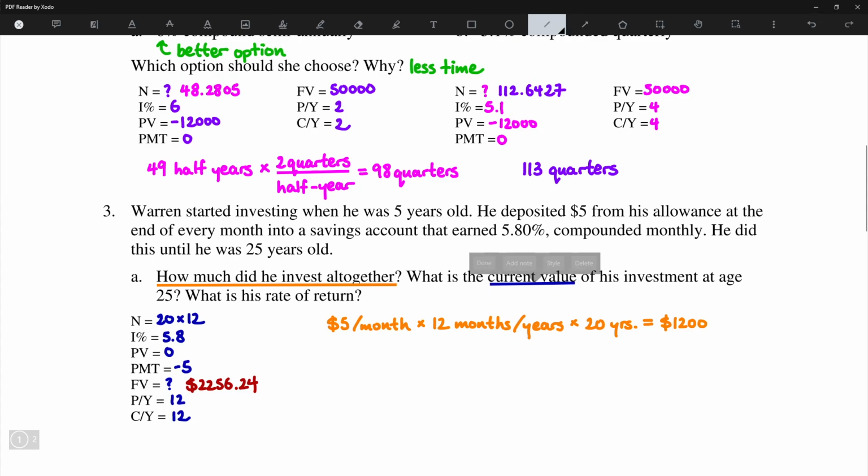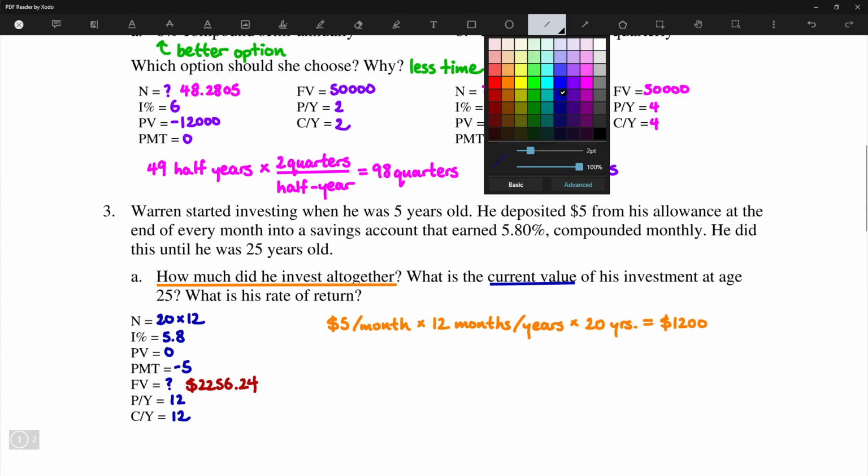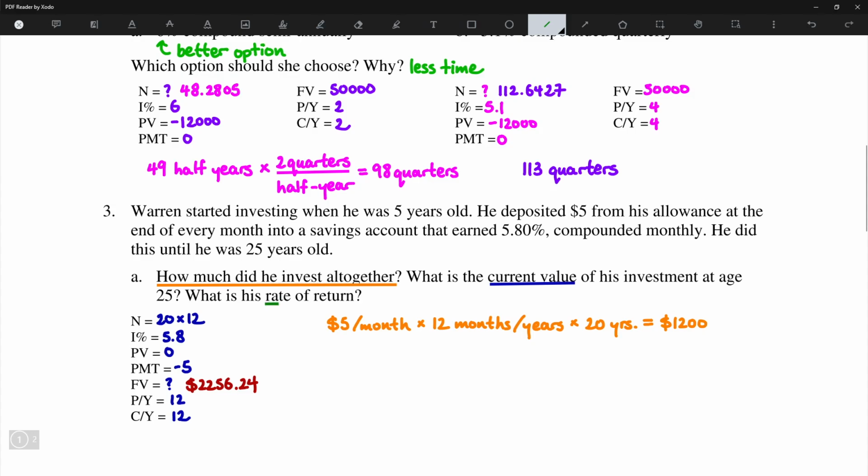Okay, and then the third part of the question asks for the rate of return. So the rate of return is equal to earnings divided by investment.